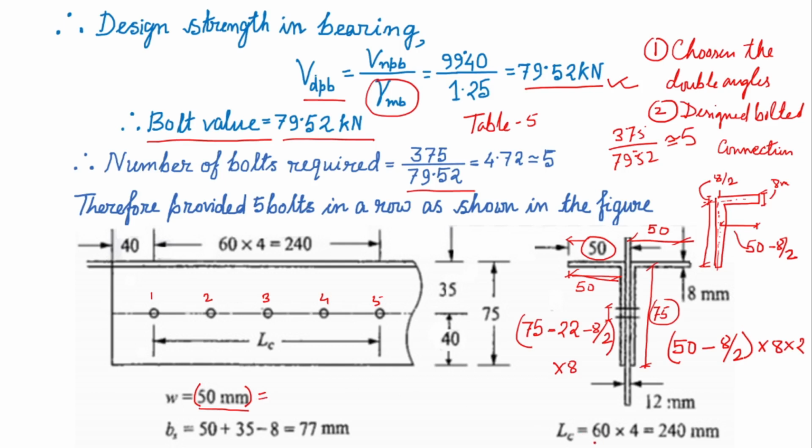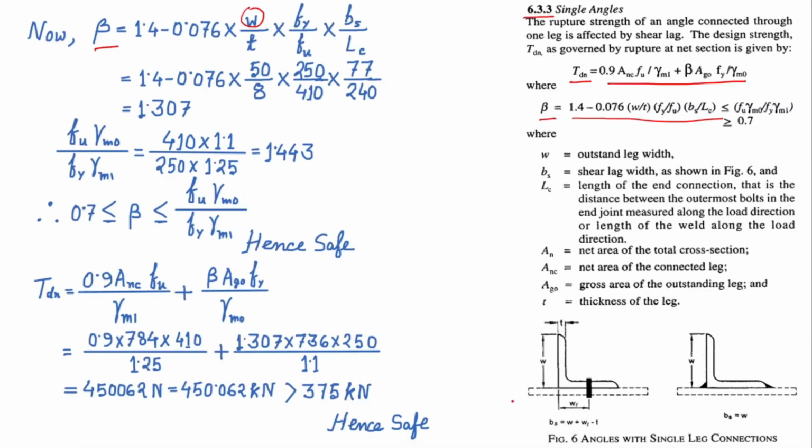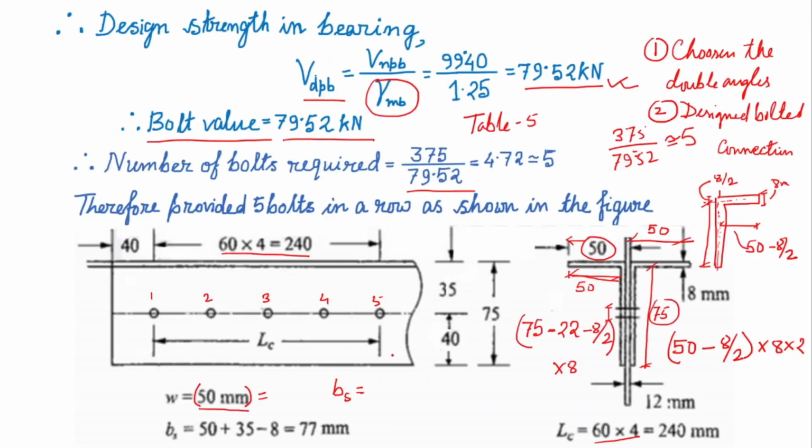Lc is 60 into 4. What is Lc? Center to center distance between two extreme bolts. So it is 240 mm. And what is bs? If you see the IS code, bs is w plus w1 minus t.